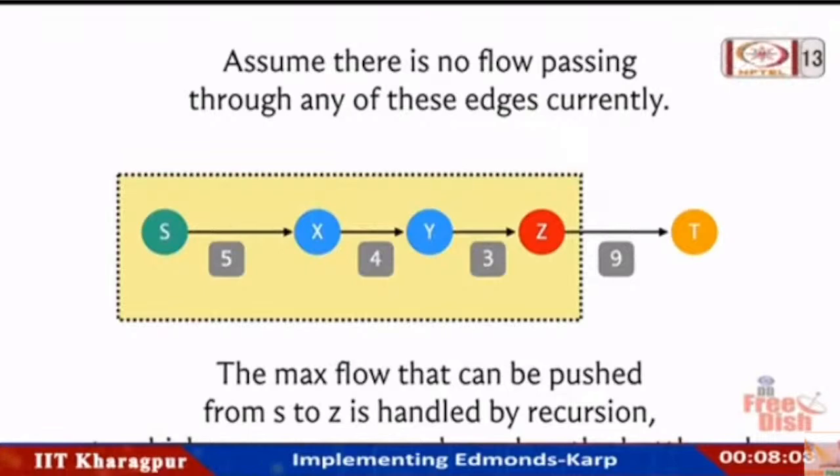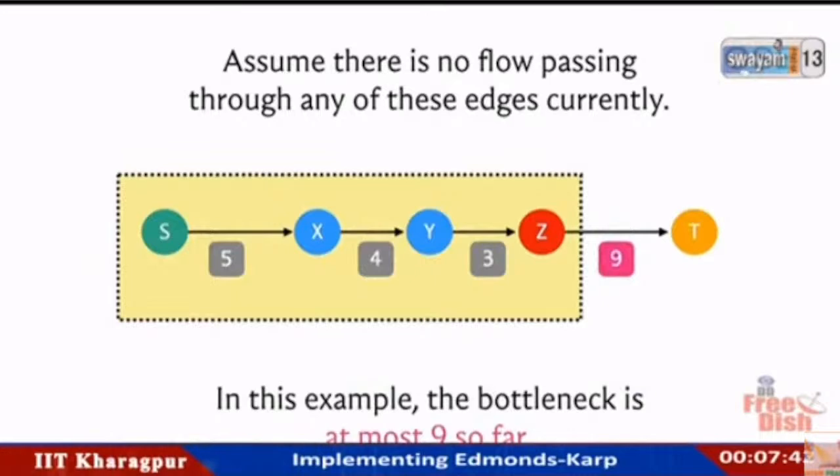Essentially this function call was initialized with an initial bottleneck of infinity, which is just to say that we don't know anything about the bottleneck. The difference between the capacity and the flow of the edge from Z to T is 9, because the capacity is 9 and there is no flow through this edge currently. So that's what is going to be passed on as the current best knowledge that we have about the bottleneck.